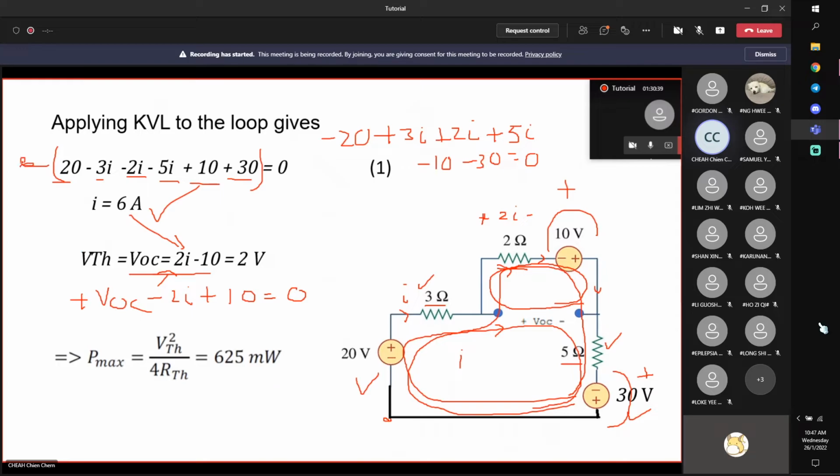In fact, if you look at these equations, it just means that if you bring this 2i and 10 to the other side of the equation, 2i minus 10 is equal to 20 minus 3i minus 5i plus 30, which is exactly this Kirchhoff voltage law along this loop, right? So it's very flexible. Use any method as you wish.